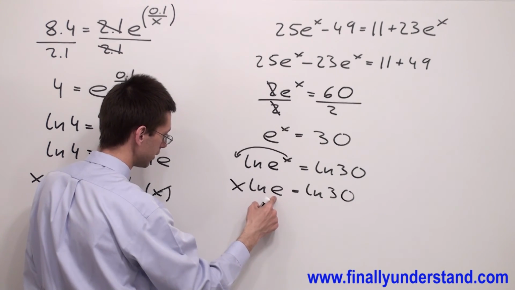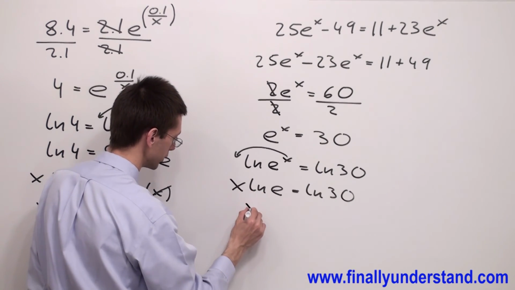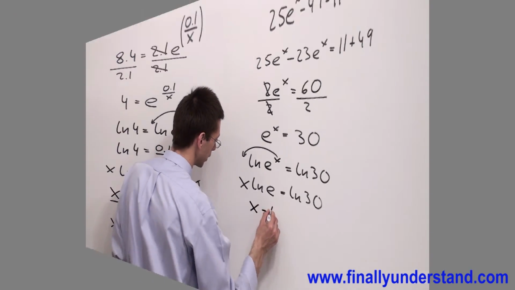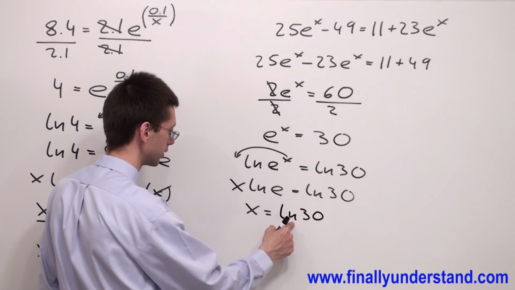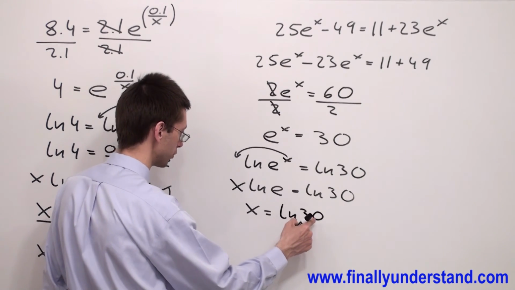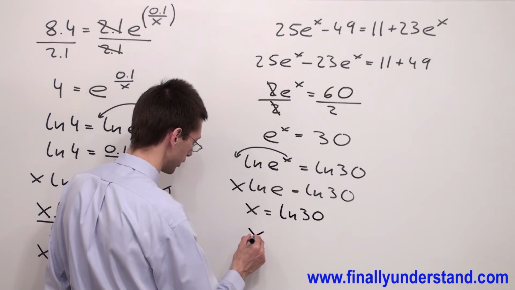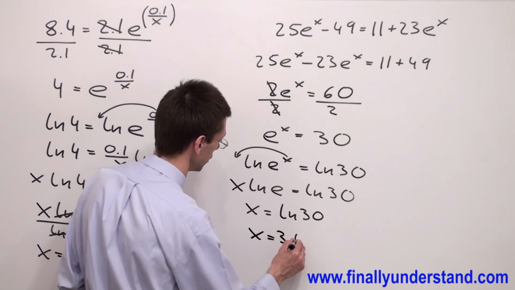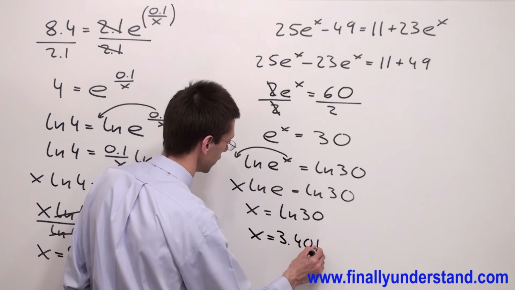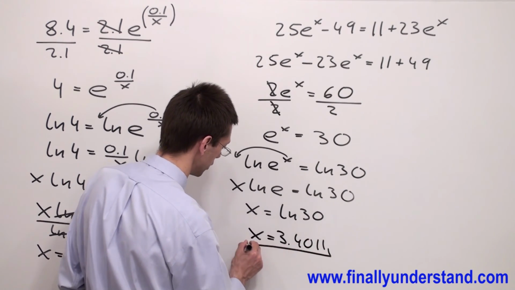So 1 times x gives me simply x. X is equal ln 30. Now you're supposed to use the calculator to find the natural log of 30. This is going to be equal 3.4011. This is the solution to my problem.